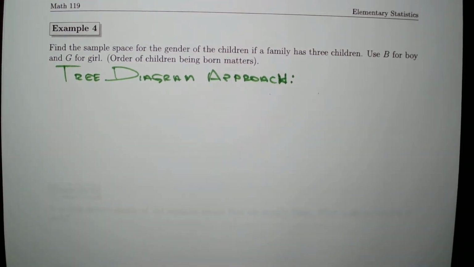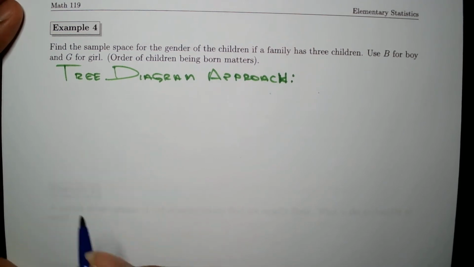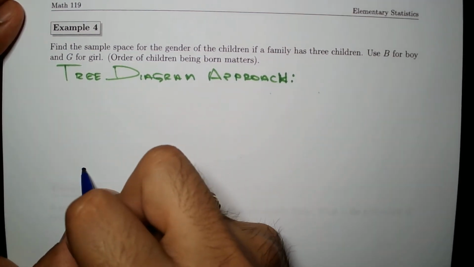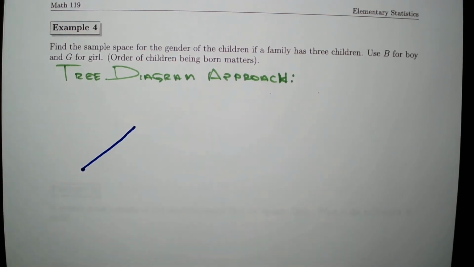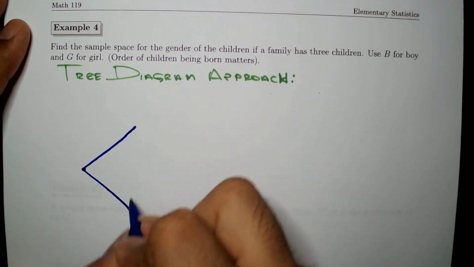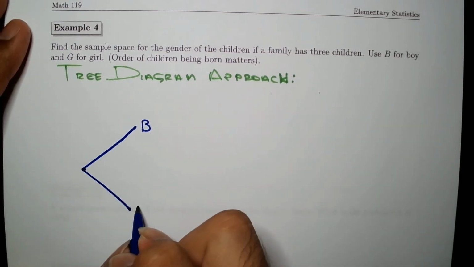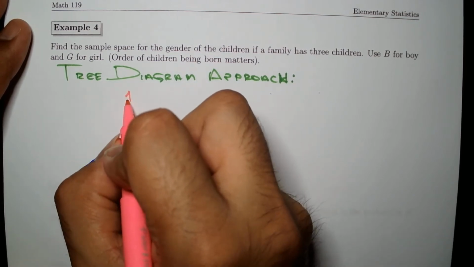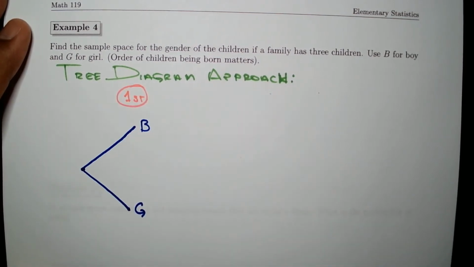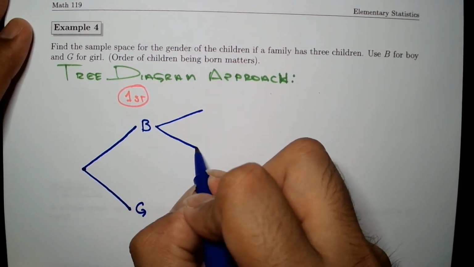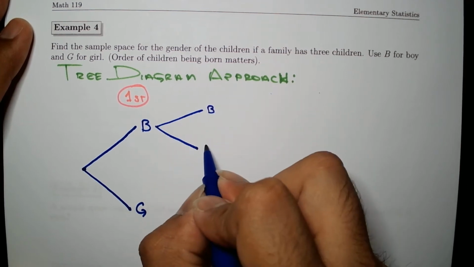All right. Okay, so what are we going to have in this case? Well, the couple is going to have the first kid, number 1. It's going to be a boy or it's going to be a girl. So that's the first child. For the second child, it's either a boy or a girl.